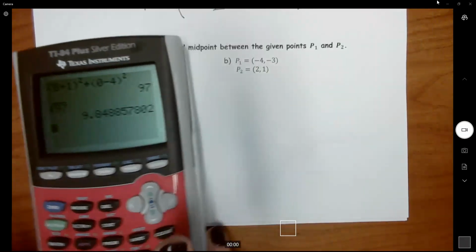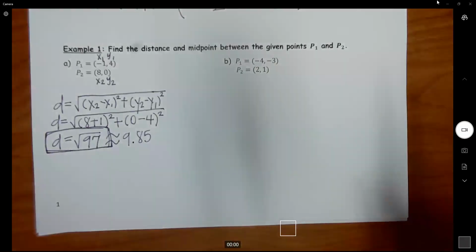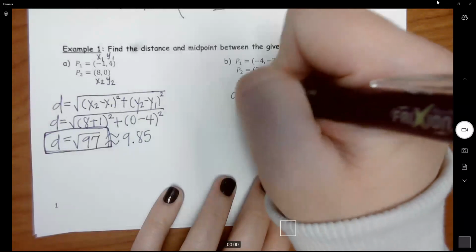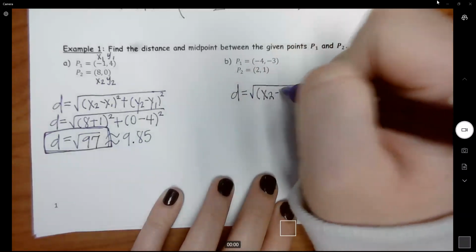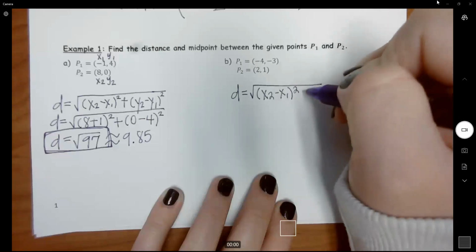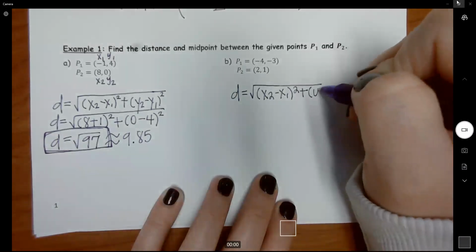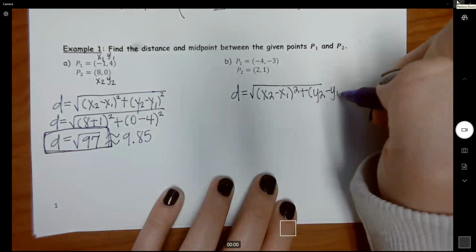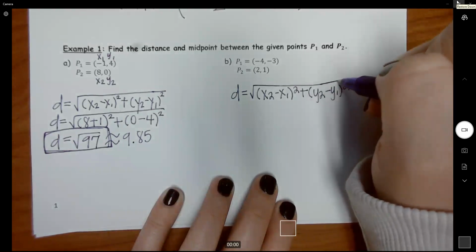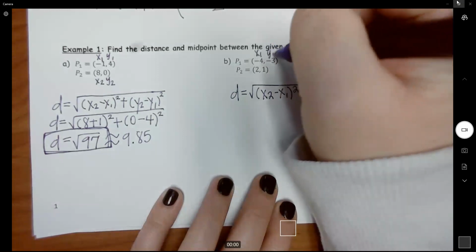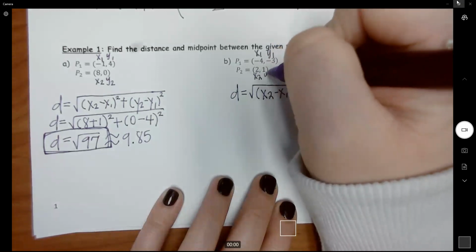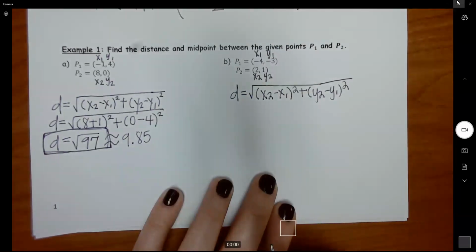So let's do it all over again, right here on B. My formula is x2 minus x1 squared plus y2 minus y1 squared. This is x1, y1, x2, y2.